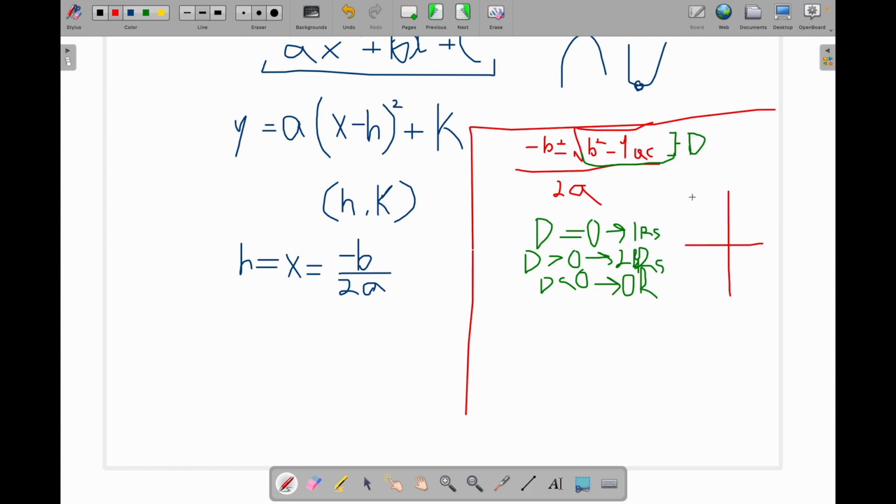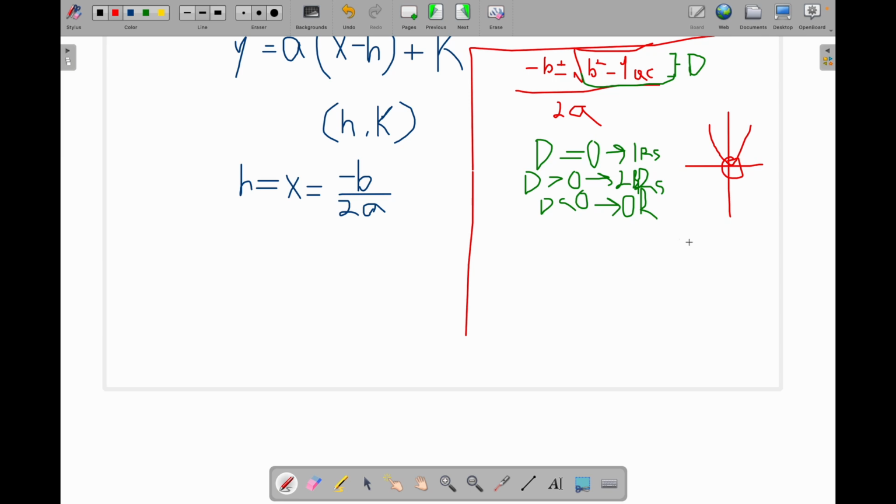It's going to have one real solution if the graph comes up and touches the x-axis only once, which is going to be at the vertex. That's another important point. If it has one real solution, it touches the x-axis where the vertex is. If it has two real solutions, then it's going to cross the x-axis twice.